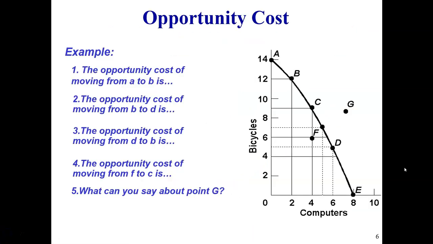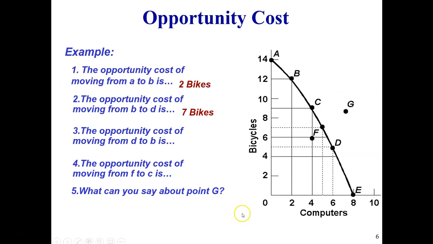So here's an example. What's the opportunity cost of moving from A to B? The opportunity cost of moving from B to D, the opportunity cost of going from D to B, the opportunity cost of going from F to C, and what can you say about point G?